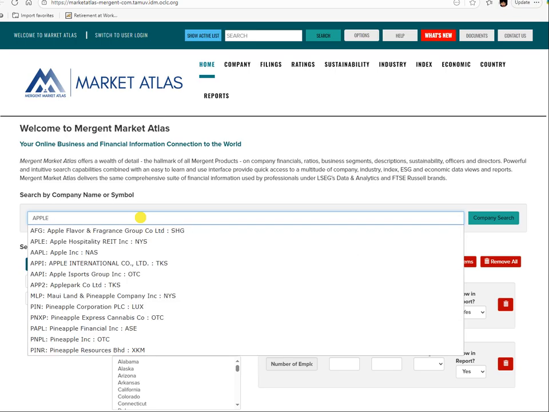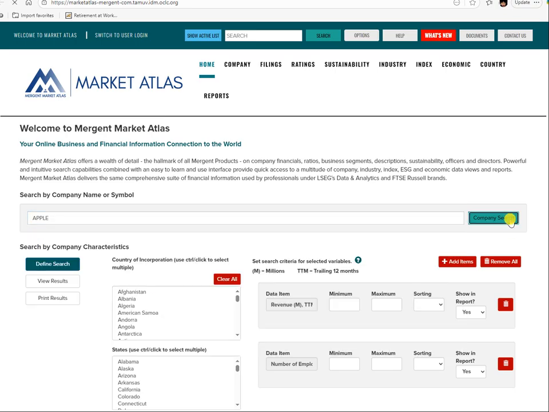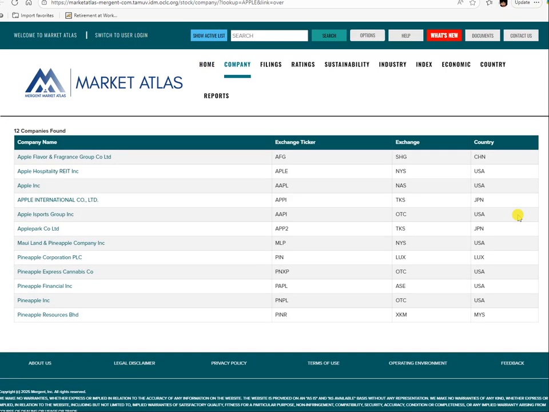Click search. They will give a lot of companies named Apple, but this is the one we want to take a look at: Apple Incorporated, ticker AAPL, listed on NASDAQ. You can see many other companies called Apple, like a pie, an apple, pineapple. Next we're going to click Apple.